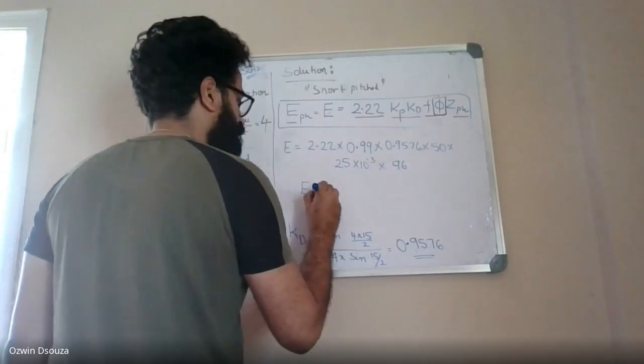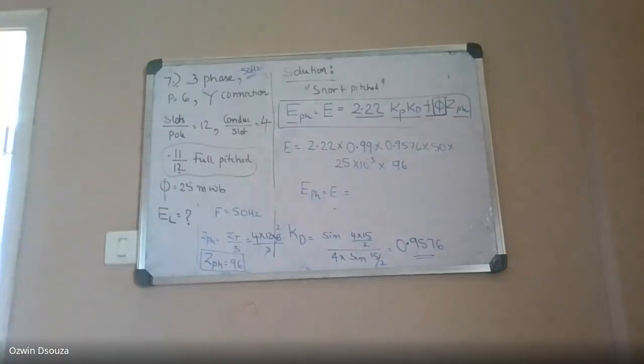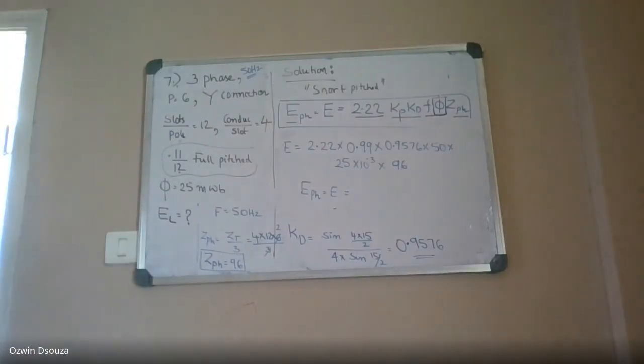That will give you E phase. Once you know E phase, you can find the line voltage because the alternator is star connected. So root 3 into phase voltage will give you the line voltage value.